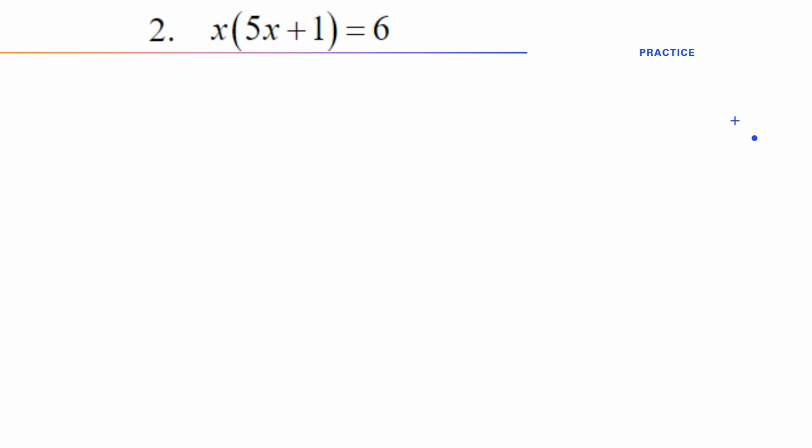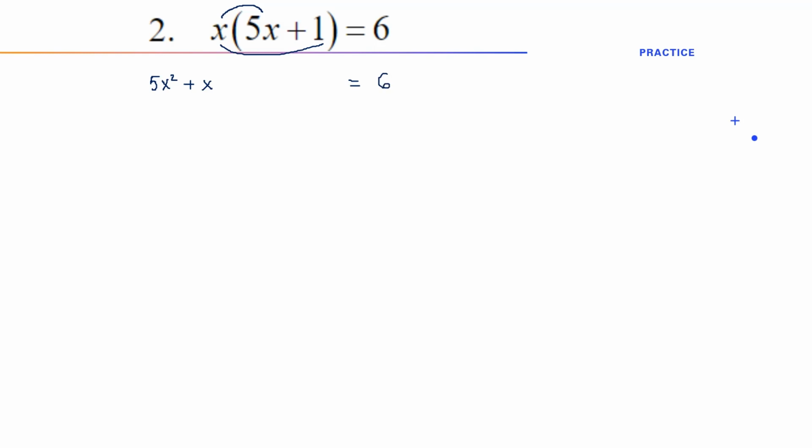For this question, we see that we have the product of x times 5x plus 1. When we FOIL, or when we distribute the x inside the parentheses, the highest degree is 2. It means we have a quadratic equation. Now let's do it. x times 5x is 5x squared. x times 1 is x. And this side is 6.